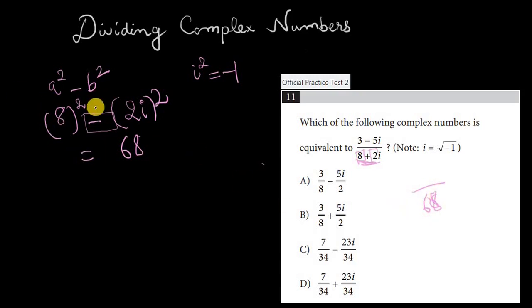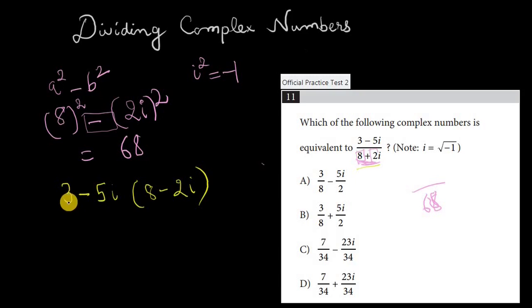Now for the numerator, well, we just need to multiply two complex numbers. Which two complex numbers? 3 minus 5i and the conjugate of 8 plus 2i, which is 8 minus 2i. And we've learned the quick way of doing that.